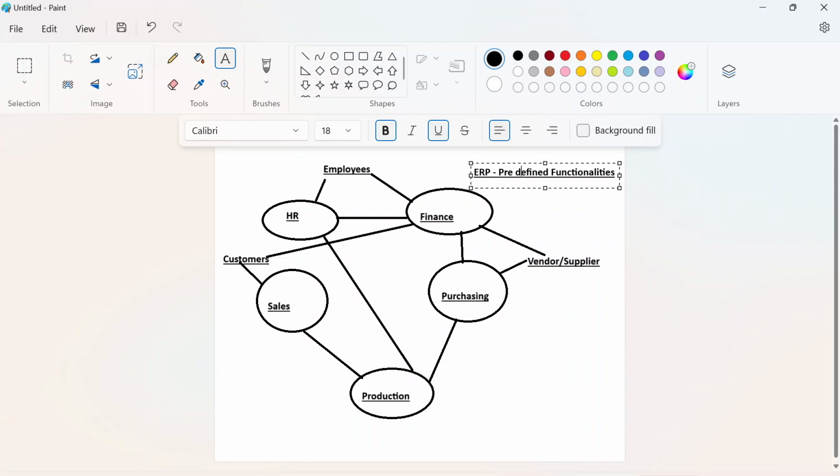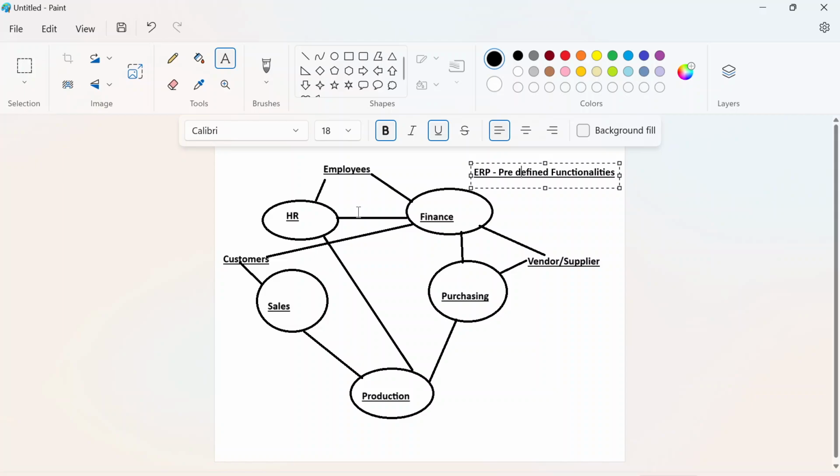You need to create custom applications or you need to enhance the standard applications to meet your company's requirements, to meet your organization's requirements. Okay? To enhance or to create custom applications. What is the programming or what is the technology we use in SAP ERP? We use SAP ABAP. Okay? SAP ABAP. Is everyone clear about ERP?